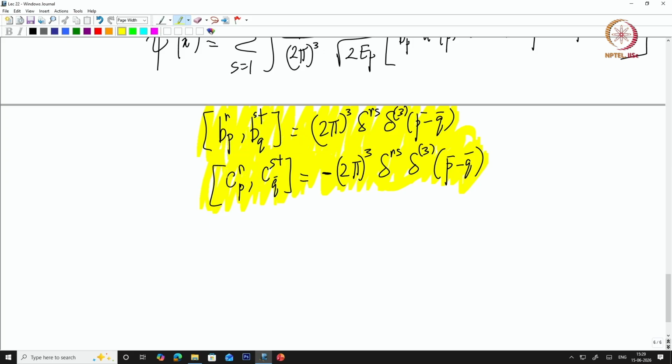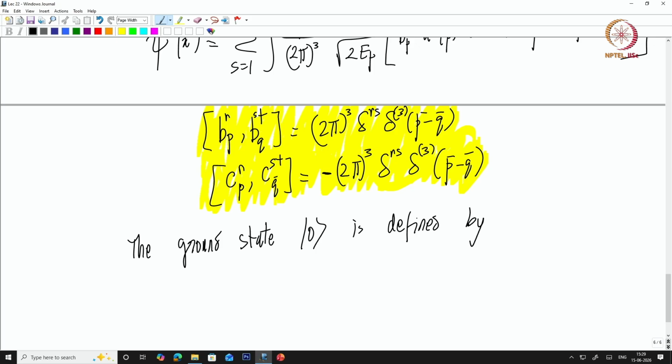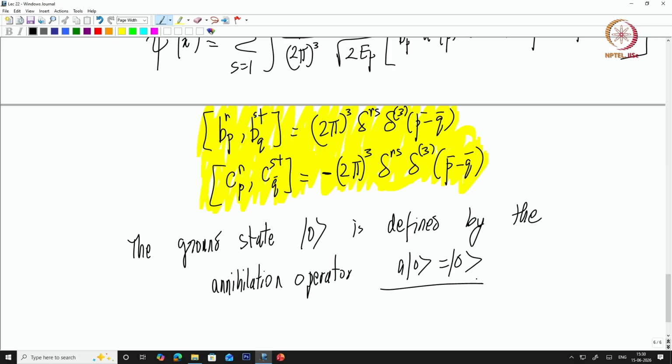Now this will lead to all kinds of problems, because now you cannot normally define the ground state |0⟩ by the annihilation operator acting on it to be a|0⟩ = 0, which annihilates the vacuum.